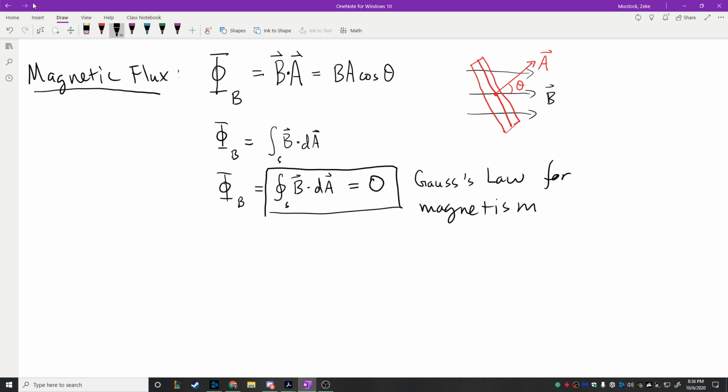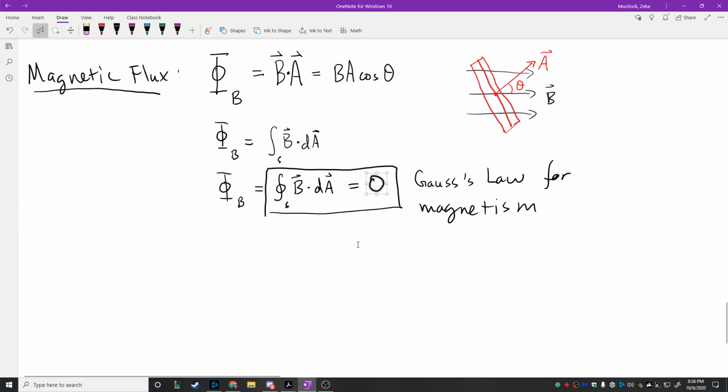What it says is that if I choose any closed surface around any magnetic field, it doesn't matter what the magnetic field is, the net flux through the surface is always equal to 0.